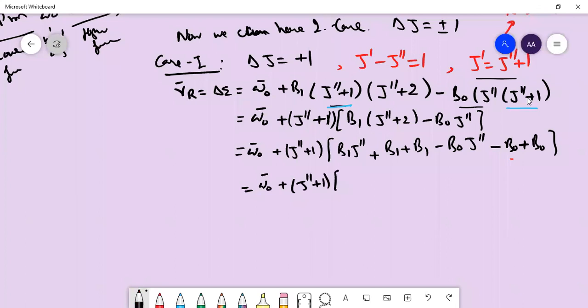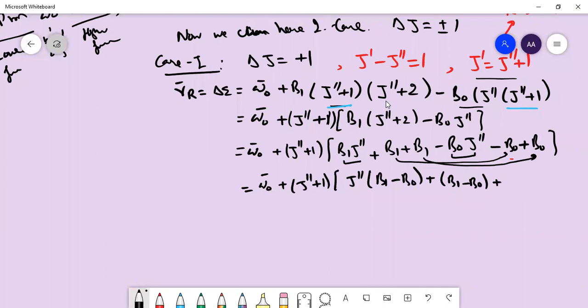Then I will take J double dash as common from these two terms. So I will write here J double dash, B1 minus B0, plus I will combine these two terms and write here B1 minus B0, B1 and B0.